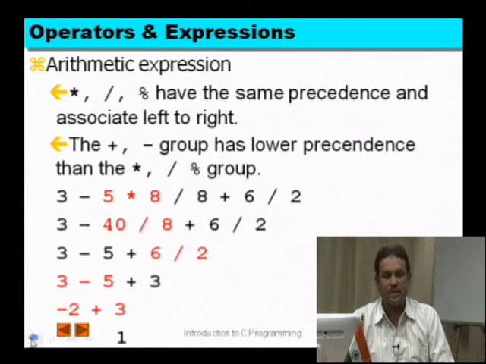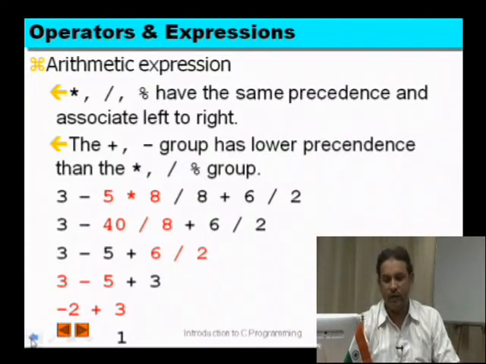As per the precedence of operators, multiplication and division have higher precedence, so first multiplication is performed: 5 into 8, which is 40. Then 40 divided by 8, plus 6 by 2.